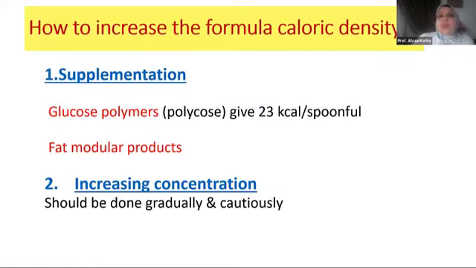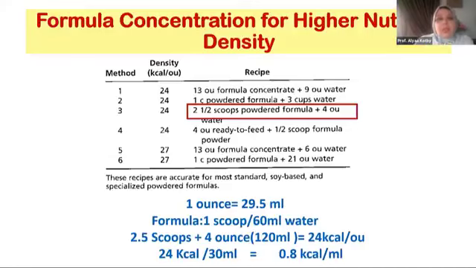Before, we used to supplement or increase concentrations. Not everybody knew how to do it, and it used to take a lot of time to make a more concentrated formula using the standard formula.